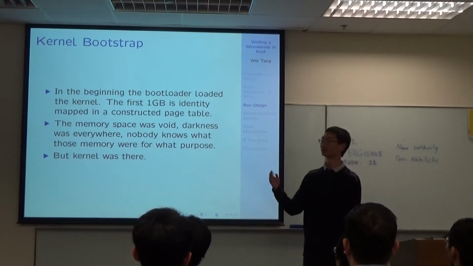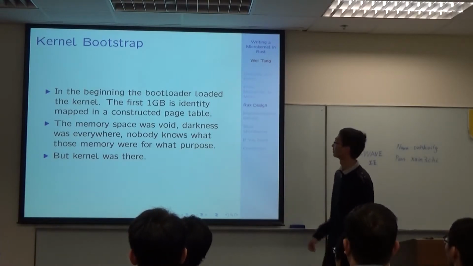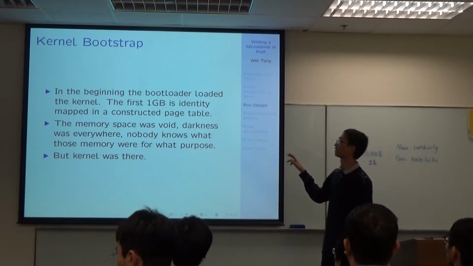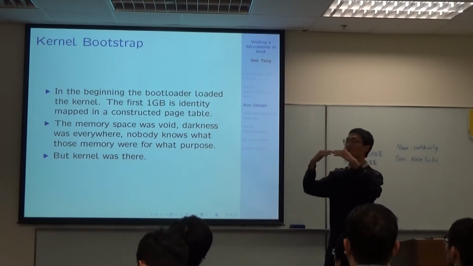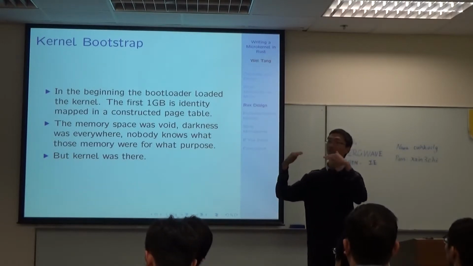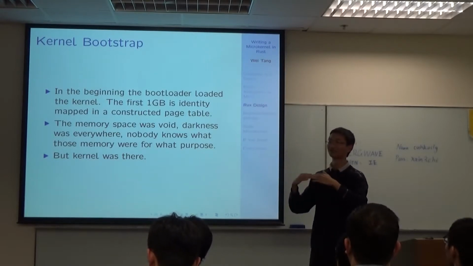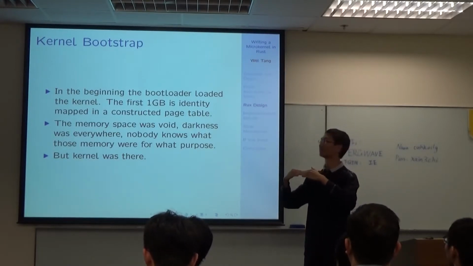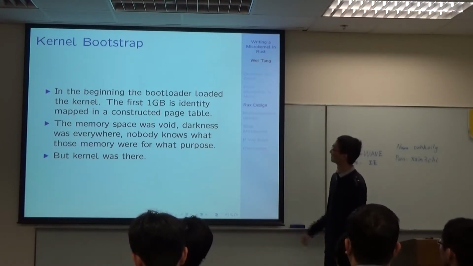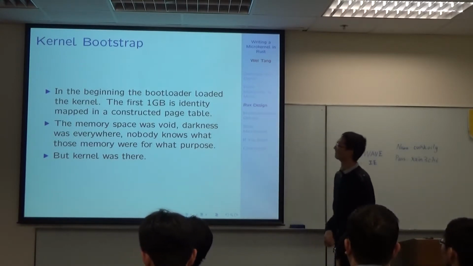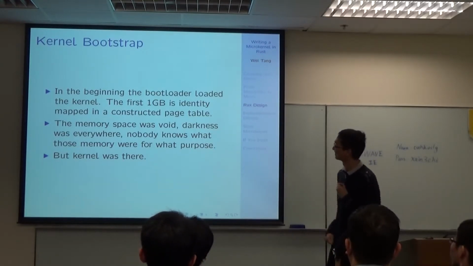So there is actually some page table in the beginning that just identity maps the first 1 gigabyte. And the kernel will be loaded at a specific location in that first 1 gigabyte. After that, there will be the boot information. This part is really frustrating, but fortunately it was passed.